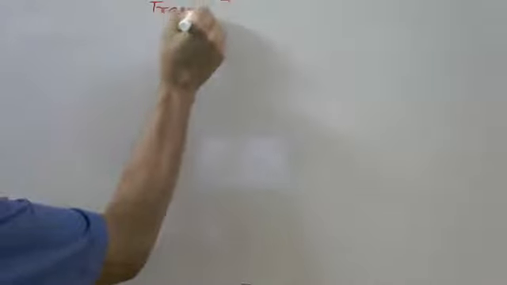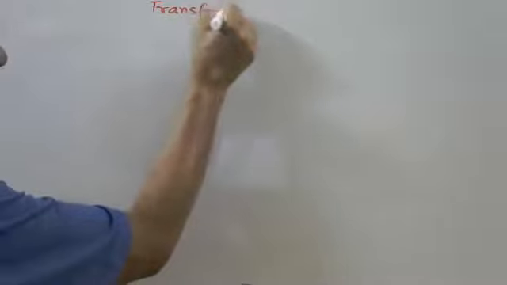First of all, let us discuss what is transformer. As the name suggests, the transformer transforms, which means it converts. So it converts what? Voltage. There are two types of voltage conversion possible: low to high, high to low.